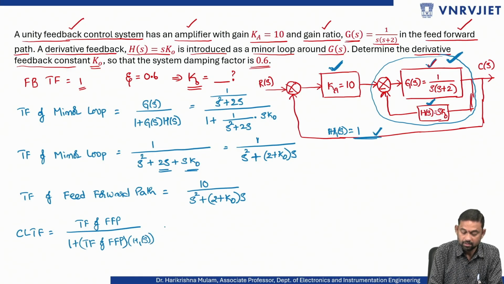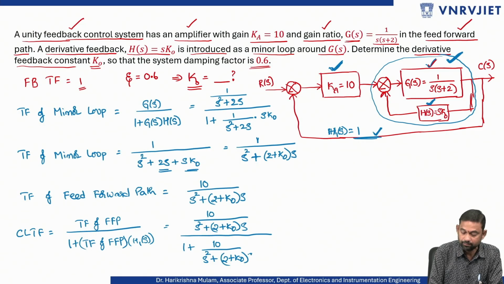That is equal to 10 by S square plus 2 plus K naught times S, whole divided by 1 plus the transfer function of the feed forward path, 10 by S square plus 2 plus K naught times S, into H1 of S, which is 1.